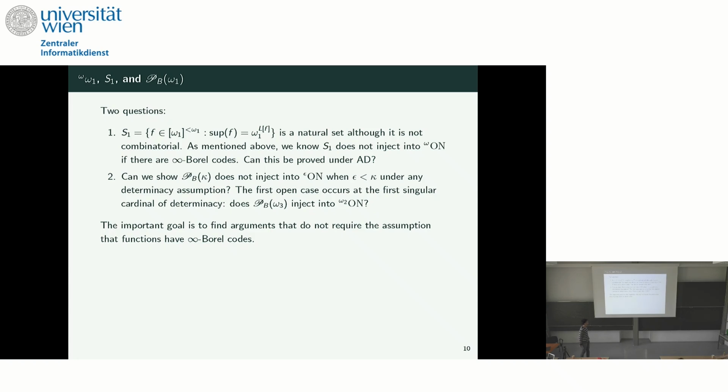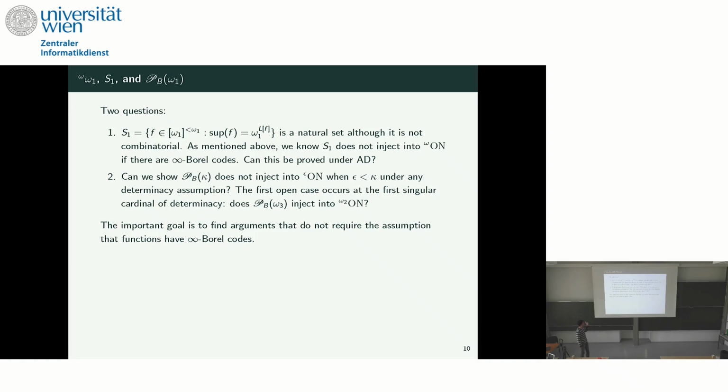And if you want to classify the cardinal exponentiations, you're going to have to look at the PB kappas, where kappa are larger cardinals and maybe even singular cardinals. The first one we don't know at the moment is whether PB omega 3 injects into omega 2 sequences of ordinals. But both questions address the same type of problem.